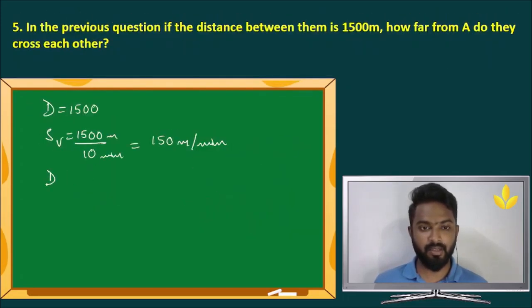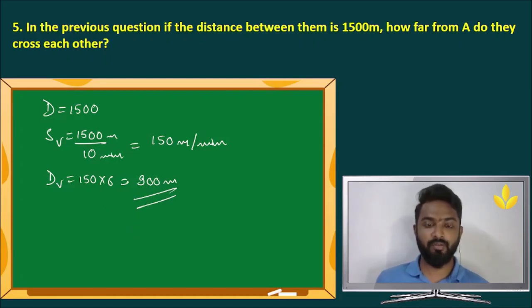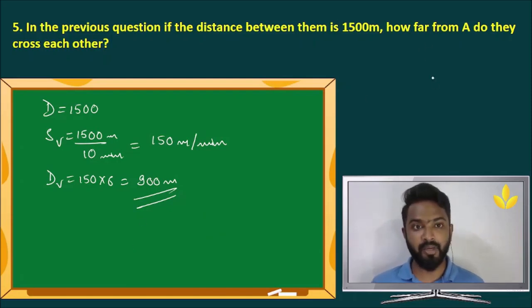That is nothing but 150 into 6. 15 into 2 is 30. 30 into 3 is 90. So we have 900 meters. That is the answer. And if they had asked how far from B do they cross each other, that would have been 1500 minus 900. That would have been 600. That's it.